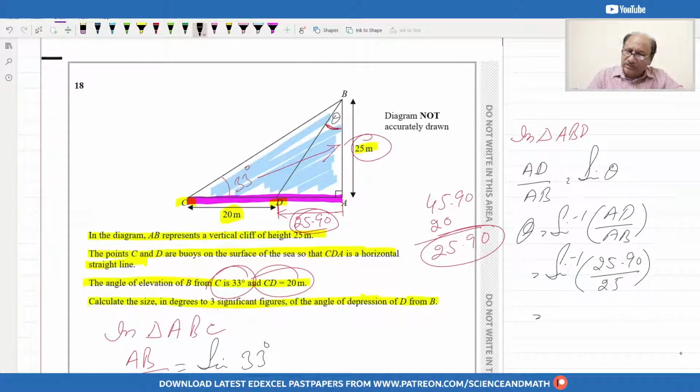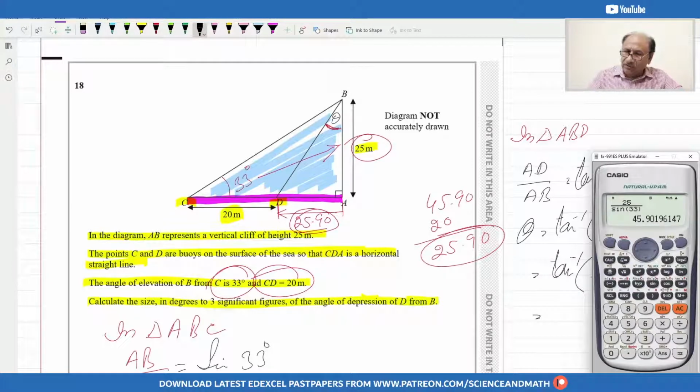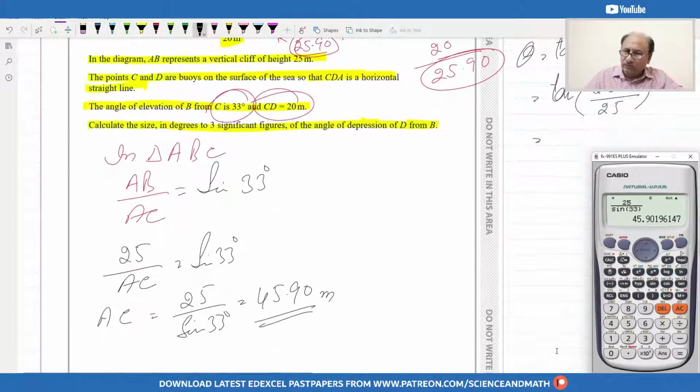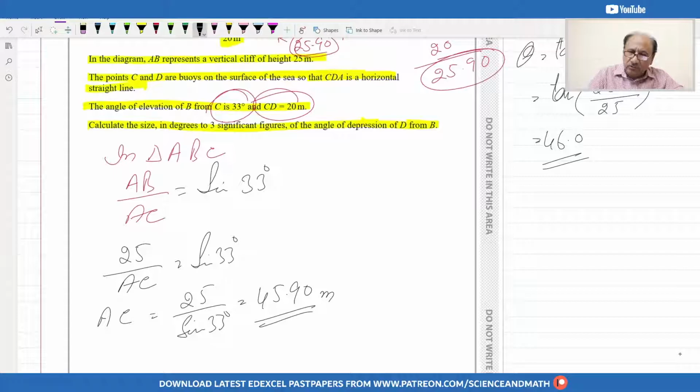Opposite over adjacent is tan theta, sorry, I'm just rectifying. So this will be tan inverse of AD over AB, which is 25.90 over 25. We can figure it out: shift tan, fraction 25.90 over 25, bracket close, and this will be equal to 46.0 degrees.